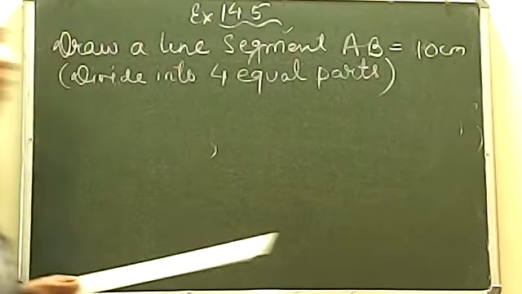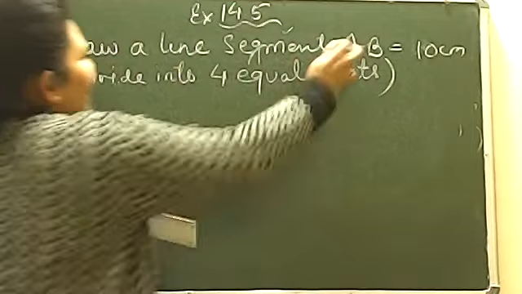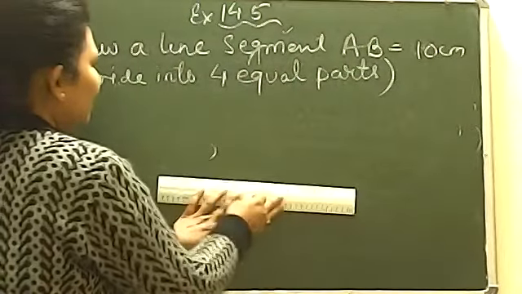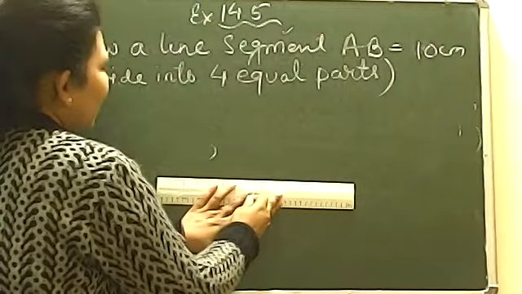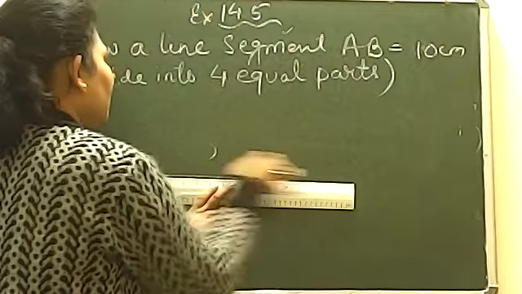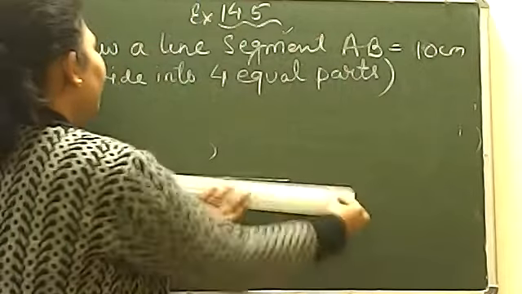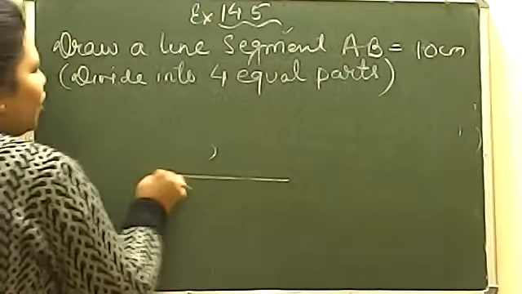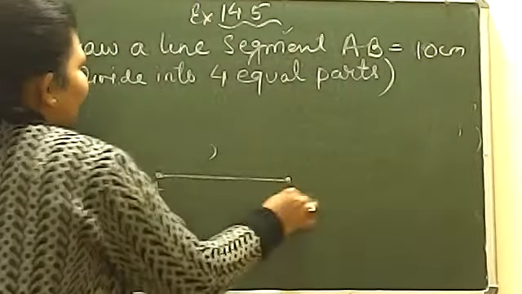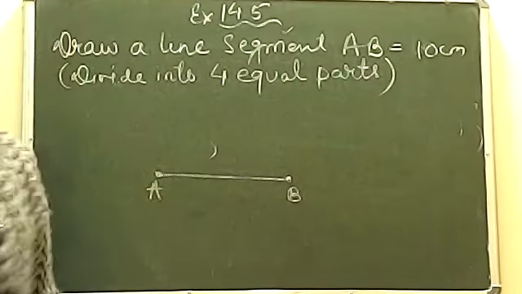So first of all, I will be drawing a line segment AB of 10 centimeters. So I will be taking the scale now and it will be of 10 centimeter. I took it 10 centimeter. You also take it 10 centimeter only. The name is again AB because I have given you AB to draw.